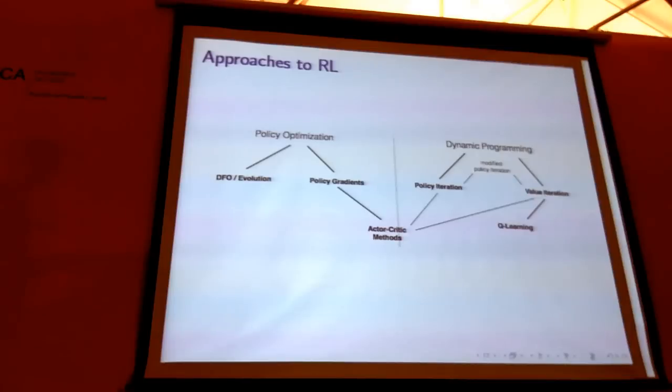And these methods, when they work, can be really scalable and can solve a lot of hard problems. And when I get into these methods in the third lecture, I'll show some pretty cool examples of learning how to get a 3D robot to walk. So you can solve pretty large-scale problems with these methods.